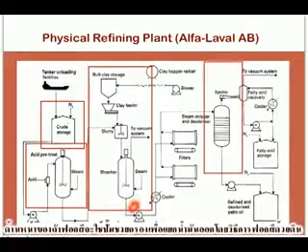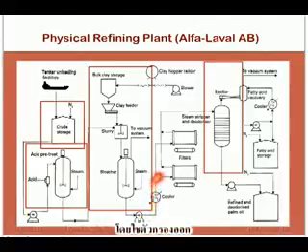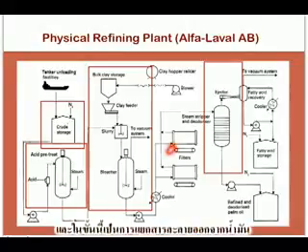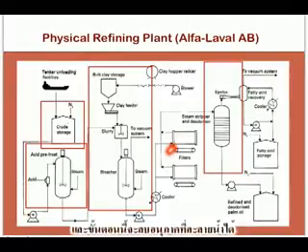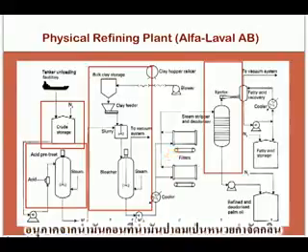From the bleaching tank, the bleached oil will be pumped through a series of filters to remove the spent bleaching earth, and this step is very critical to remove the insoluble particles from the oil before the oil is pumped to the deodorizer unit.